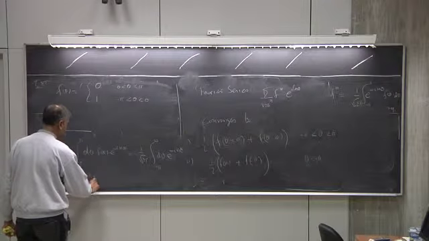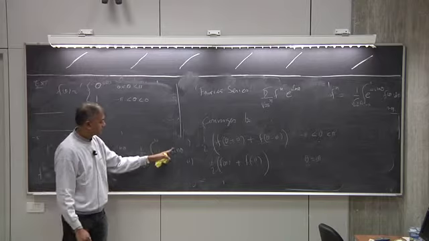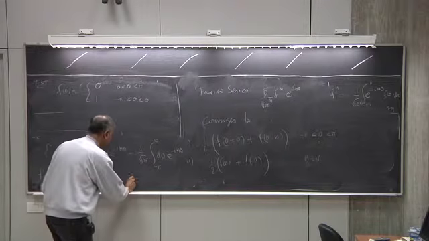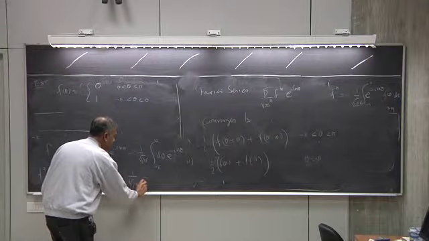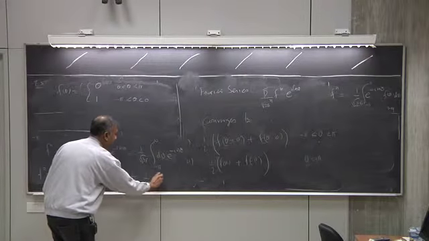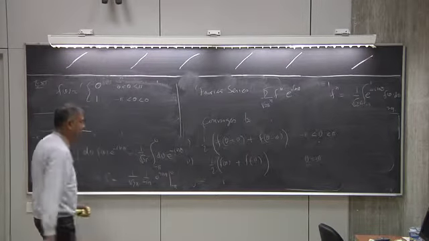And for n not equal to 0, you can do this integral. This gives you 1 over root 2 pi, and here is 1 over minus i n, e to the minus i n theta, evaluated between 0 and minus pi.